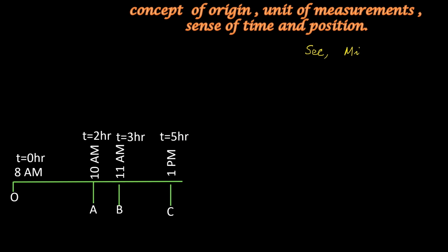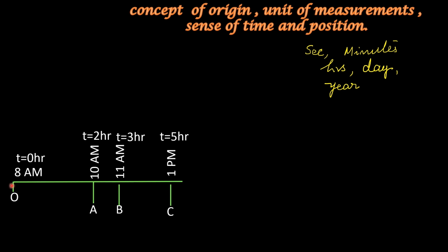Here the unit of time is hour. It can be second, minute or day or even year as the situation demands, that is, suitable to the situation. While plotting graphs, time is taken on the x-axis and position is taken on the y-axis. Unit of measurement of displacement is meter or kilometer. That is what is usually followed.